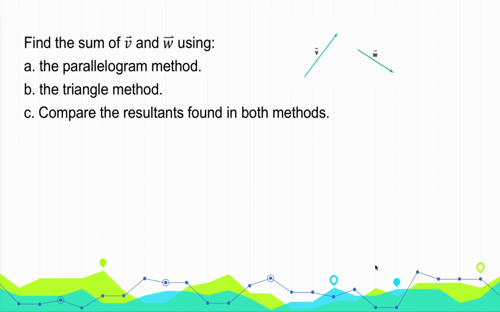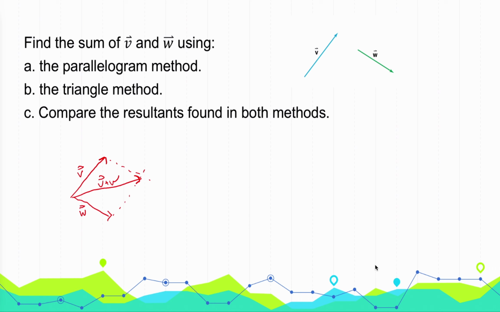So find the sum of vector v and w using the parallelogram method, the triangle method, and then compare the results. I'm going to have to approximate here, but if I draw vector v like this and vector w like this, using the parallelogram method, I'm going to make a parallelogram, and the resultant is going to be this, v plus w.